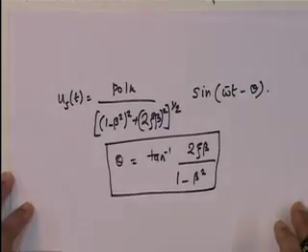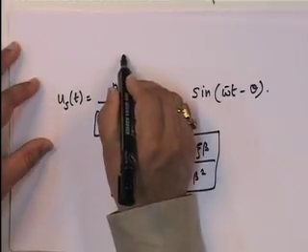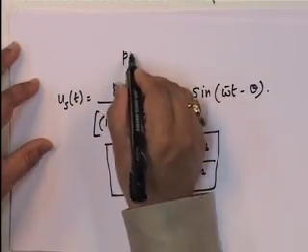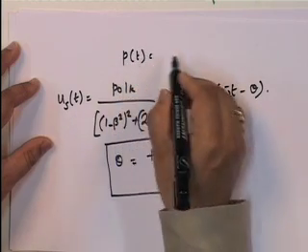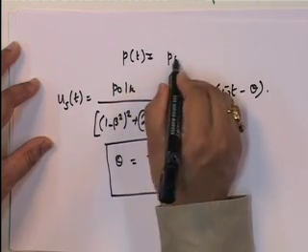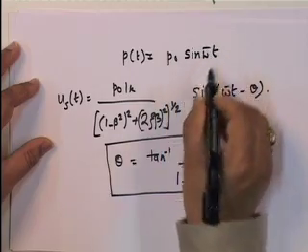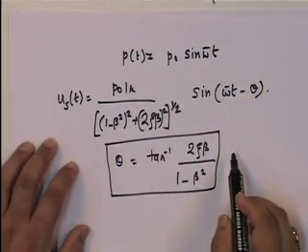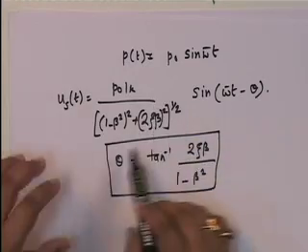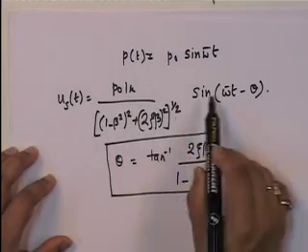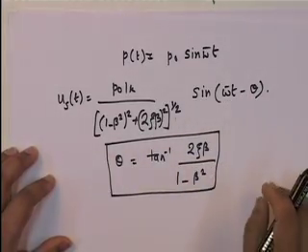So, in other words, the steady state response of a structure to a loading given by P naught sine omega bar t is P naught upon k into this term, sine omega bar t minus theta.